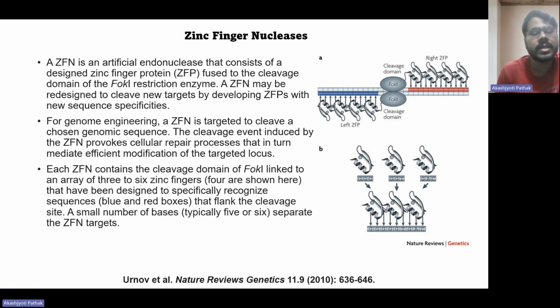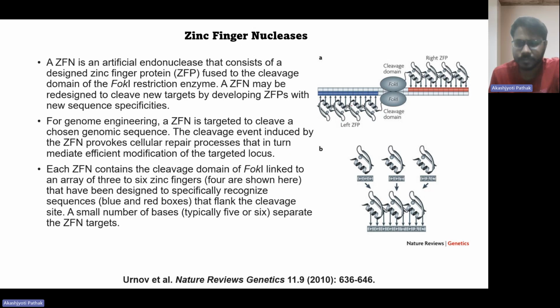The ability of this nuclease to recognize a particular segment of DNA lies in the zinc finger protein. So it has two domains basically. One is the zinc finger protein, which recognizes a segment of the DNA, and the FokI will bind and cleave that portion of the DNA. You see this figure is taken from a Nature Reviews Genetics paper.